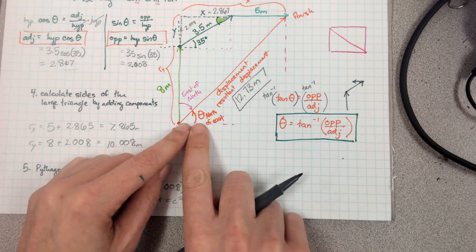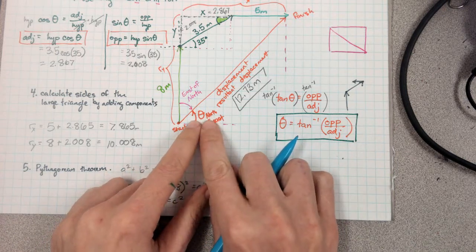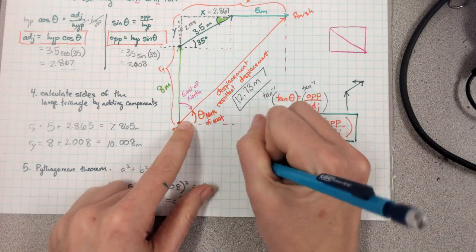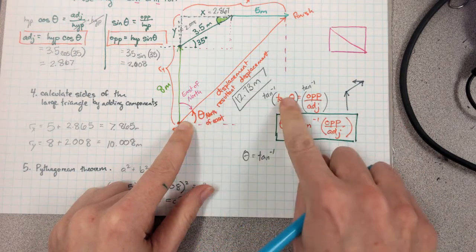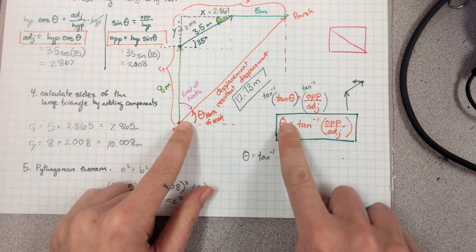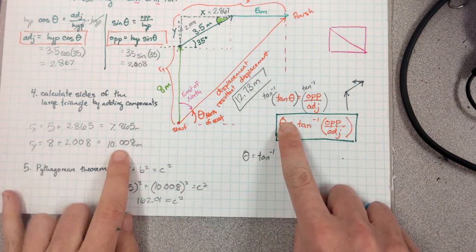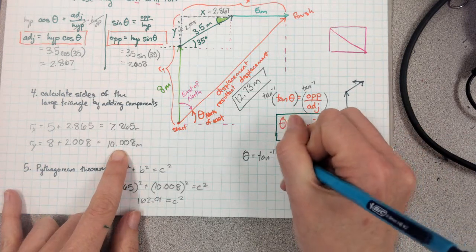So, let's find this one. I'm going to start with that one. So, if we find this angle, what's our opposite side? Whatever this y was, right? So that means 10.008 is our opposite side.